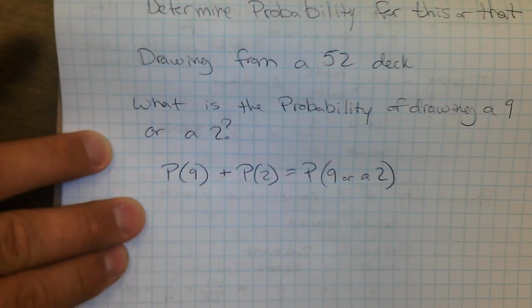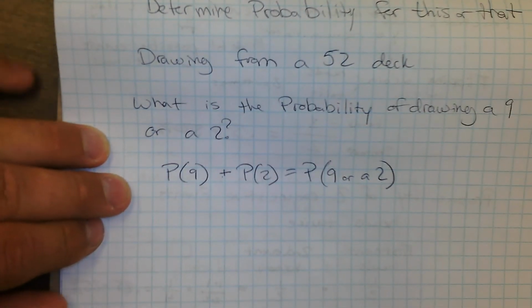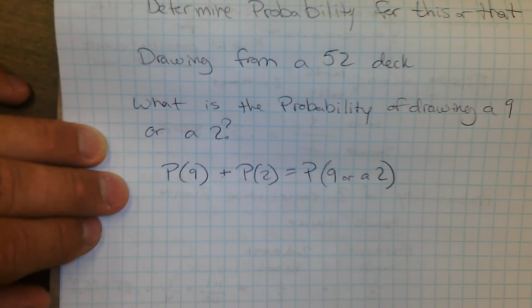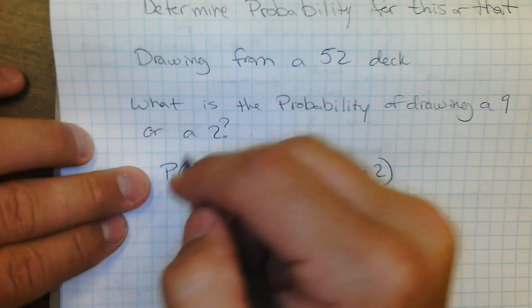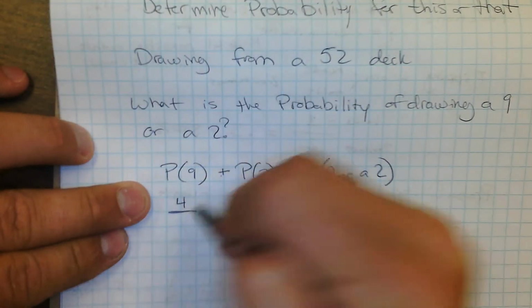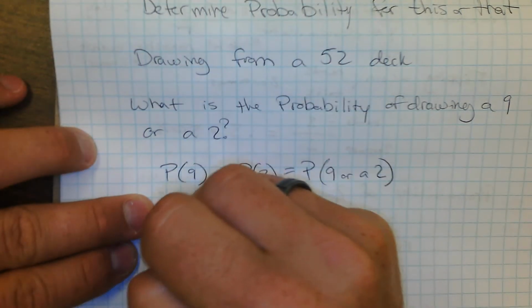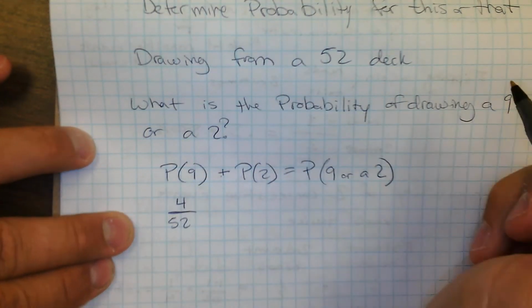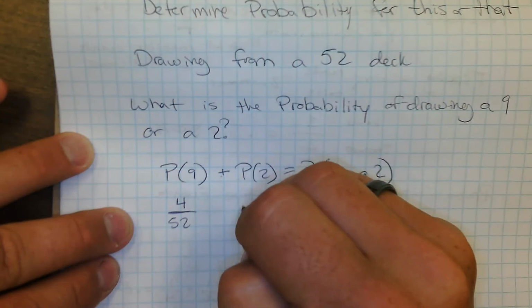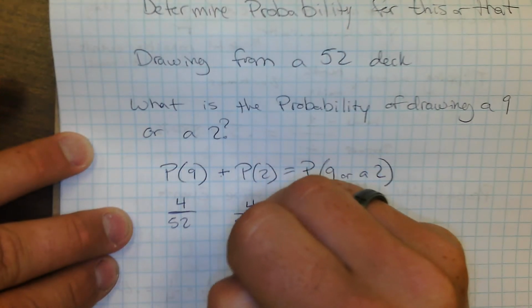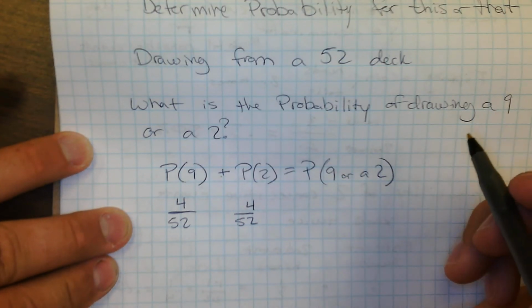Okay, now, in a regular deck, there are 4 cards of each number. There's a heart, a spade, a club, and a diamond. Okay, so the probability for drawing a 9, 4 cards out of 52. And then the probability of drawing a 2 is a separate 4 cards out of the 52.